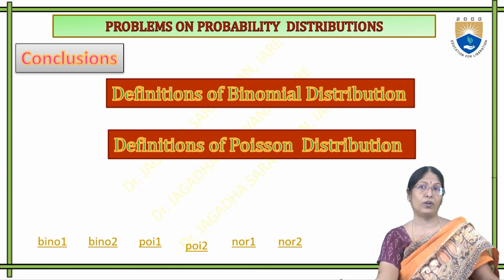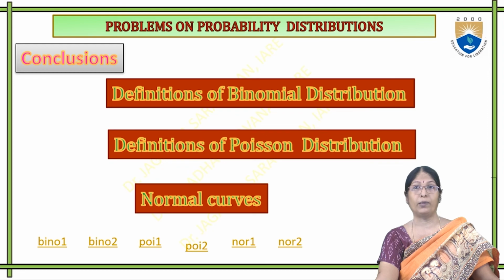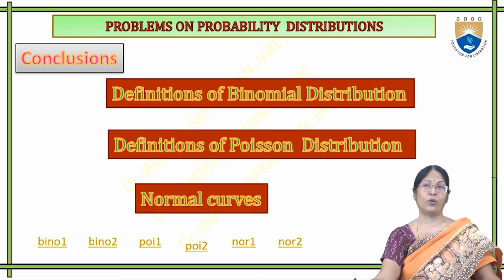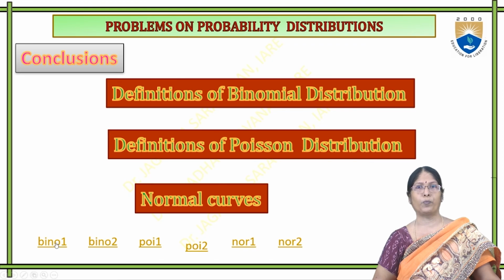And Poisson, Denis Poisson, derived the formula from binomial distribution, and presented the formula e power minus lambda into lambda power x by x factorial. Next, the bell-shaped normal curve, used when mu and sigma are given, and when they are not given, we discussed in detail, taking the problems.